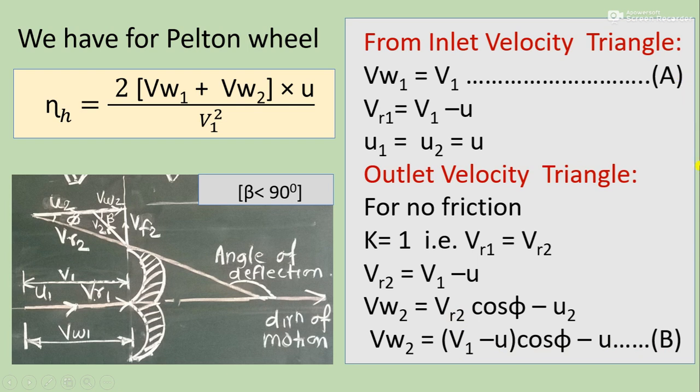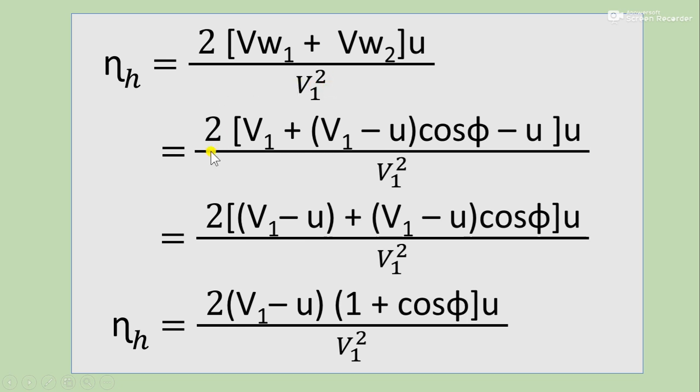So putting A and B in the hydraulic efficiency equation, we have equal to 2 into bracket V1 plus V1 minus U cos phi minus U bracket complete U. So here V1 minus U we will take common, plus again V1 minus U multiplied by cos phi, square bracket complete into U. So finally we get hydraulic efficiency is equal to 2 times V1 minus U into 1 plus cos phi bracket complete U divided by V1 square.